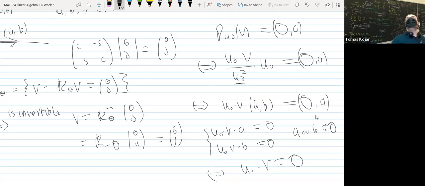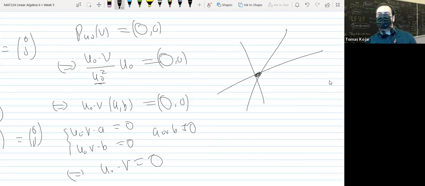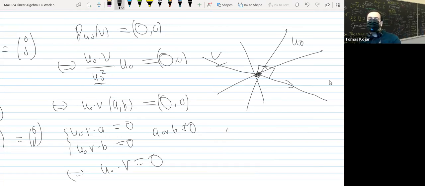And when do you have a dot product being 0? When the vectors are what? You can yell it out. Yeah, it's just when they're orthogonal. So you have your U0 crossing the origin, and then it would just be this line over here. That's it. So you take all these V's, and this is a line, and it even has specific coordinates.